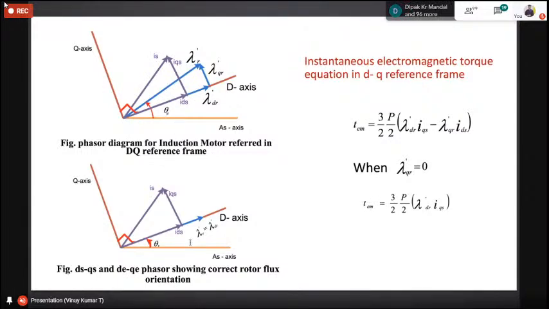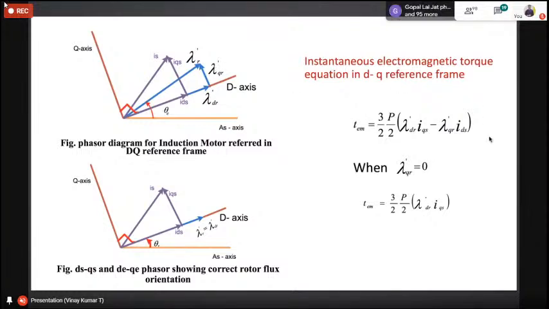Once you know theta E, let us assume that the D axis is aligned. If you are able to maintain the D axis angle and theta R angle both equal to theta E, then the advantage is the D axis will move in phase with lambda R. Once this D axis is aligned with lambda R, the advantage is lambda QR becomes 0, right?